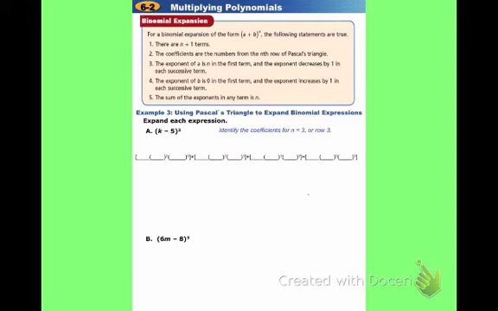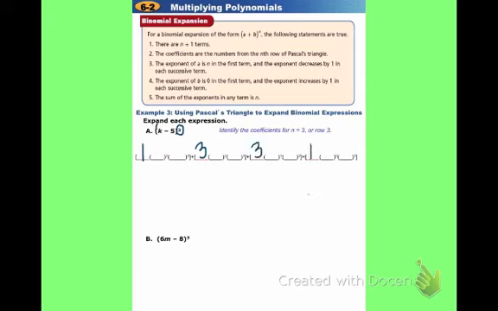So using Pascal's triangle in a little different way, this is how we could expand out something like k minus 5 to the 3rd power. The first thing you do is fill in those numbers from Pascal's triangle. We have a power of 3, so we're going to use the row 1, 3, 3, 1.